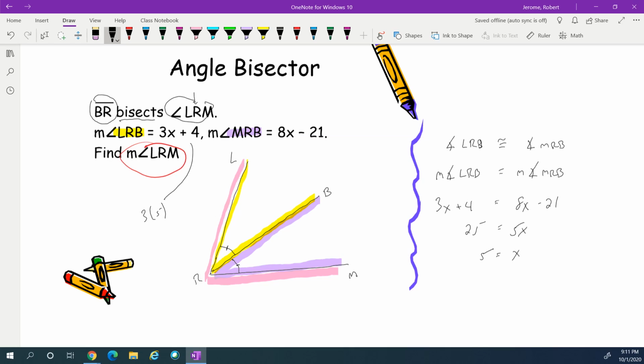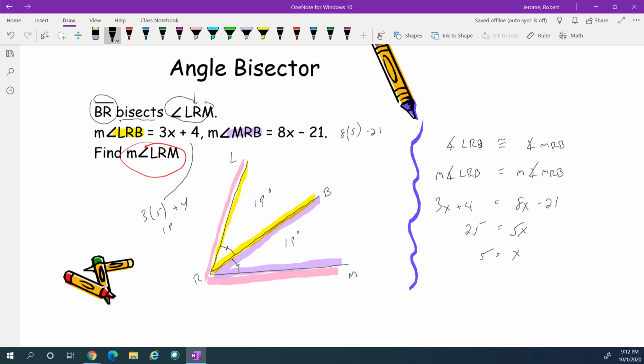Three times 5 plus 4 is 19. So this one is 19 degrees. 8 times 5 minus 21. So that's 40 minus 21, which is 19 degrees. Well, we expected them to be equal. They are the result of being bisected.